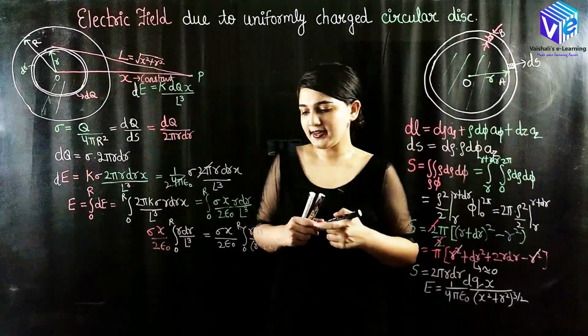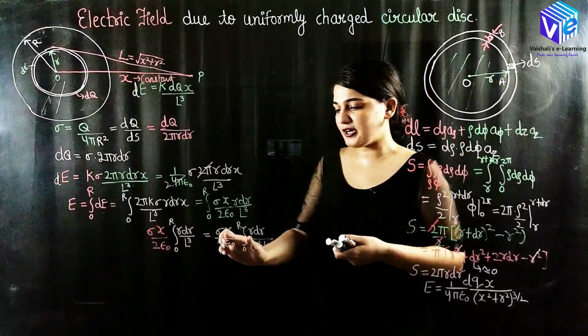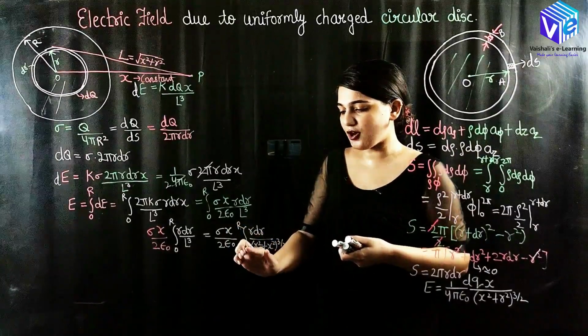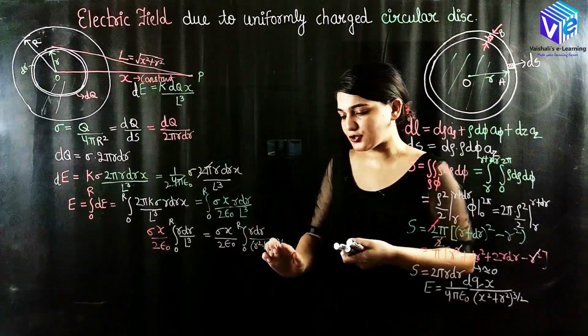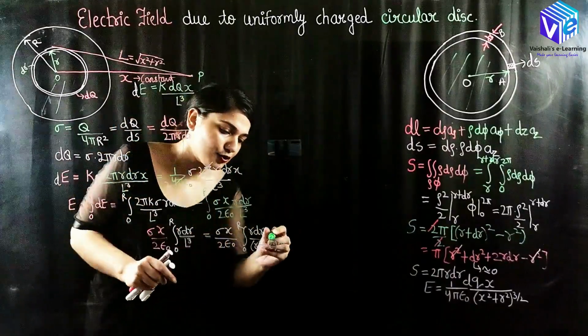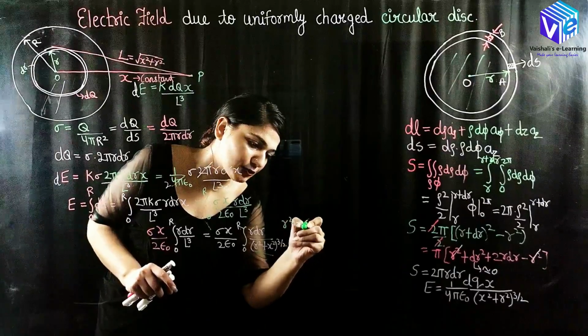So this is how I can represent it in terms of L. I have the electric field equal to sigma x upon 2 epsilon naught, integration from 0 to r, r dr upon r square plus x square raised to the power 3 by 2. Now how can you integrate it? You can take r square plus x square as h square.